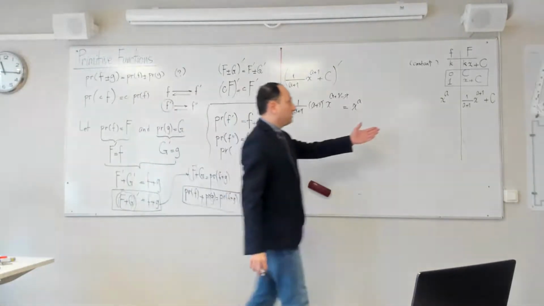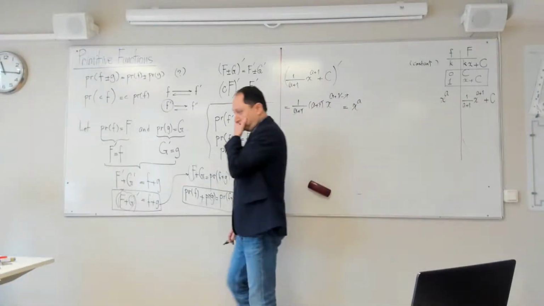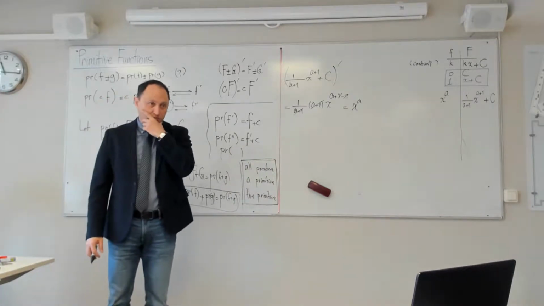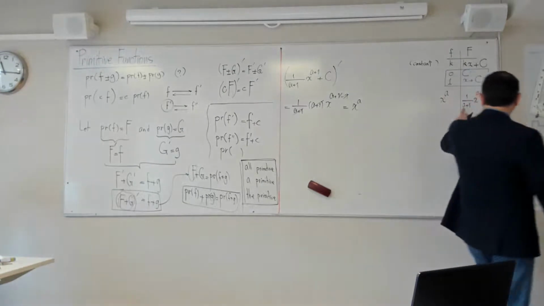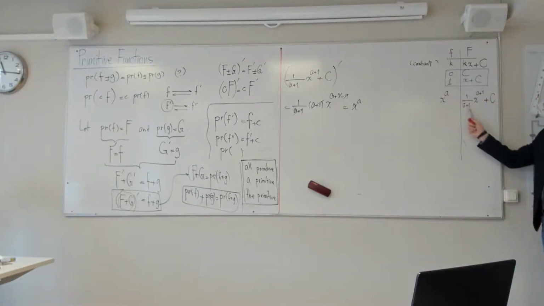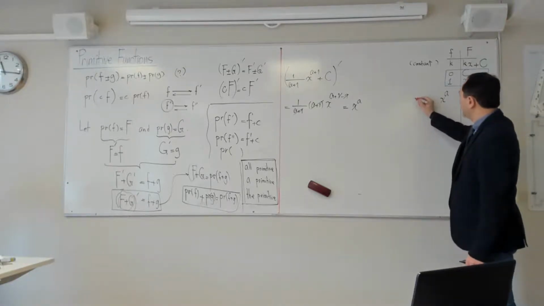Can you tell me what is the limitation of this formula? It doesn't support a equal to minus 1. Exactly. This doesn't support a equal to minus 1, because if a is equal to minus 1, then the denominator vanishes. This doesn't make sense. So it is very, very important.